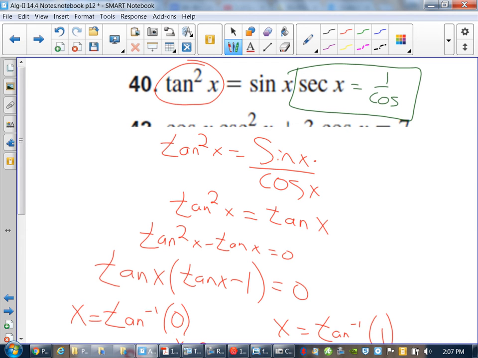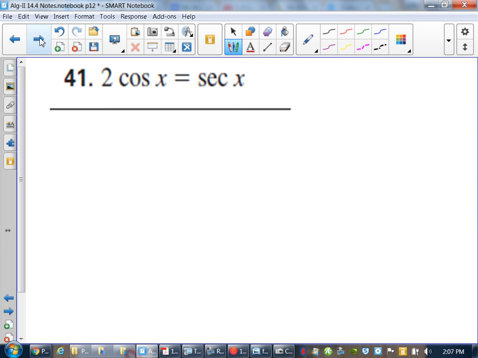All right. So if you go into the next one, secant is the inverse of cosine. It's the reciprocal property. So you rewrite it in terms of cosine. So secant is 1 over cosine. Now, if I subtract that over, I get it equal to 0, but it's not going to really help me with anything.